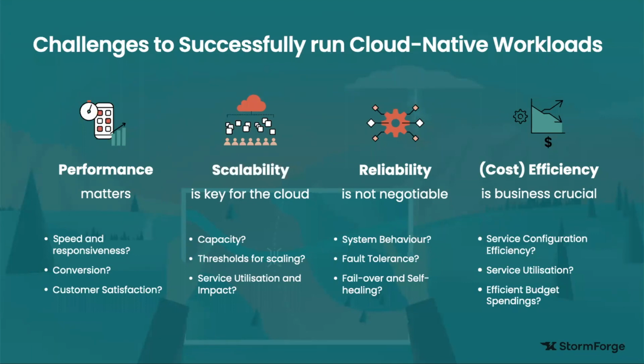Another thing, reliability, is simply not negotiable. Most businesses heavily rely on software and its operation, and some businesses actually really depend on that software. Last but not least, there is efficiency, which is business crucial. The first thing that comes to mind when thinking about efficiency is cost.